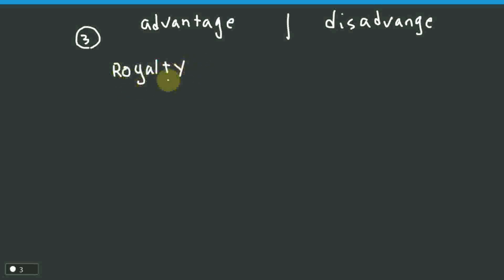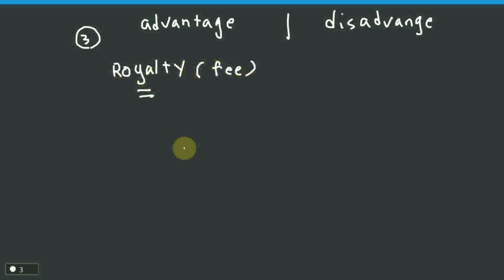Just now I explained the royalty was one aspect of a disadvantage of licensing, but simultaneously it is an advantage of licensing. By licensing contract, licensor gains royalty, actually licensing fee from licensee.